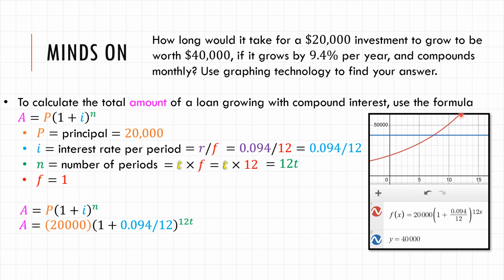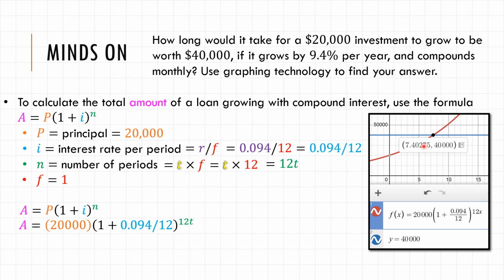And over here, notice I've graphed this exponential function. Instead of t, I've just used x. And I've drawn a horizontal line using the same graphing technology, y equals 40,000. And I just need to look over here and notice that, hey, if I click right here, there's a point where these two intersect. And that looks like it's at 7.4.